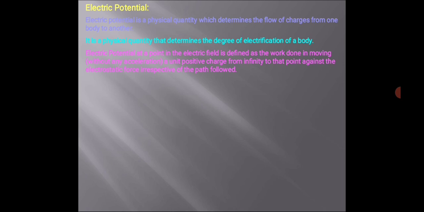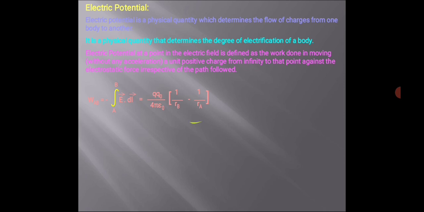So whatever be the work done to move a unit positive charge from infinity to a given point, and the force is not path dependent. Through any path, if the charge is brought from infinity to a given point, then work done per unit positive charge, or we can say per unit test charge, is defined as electric potential.